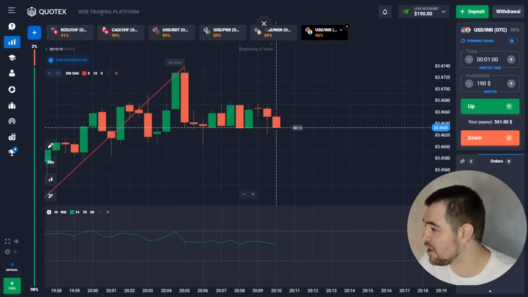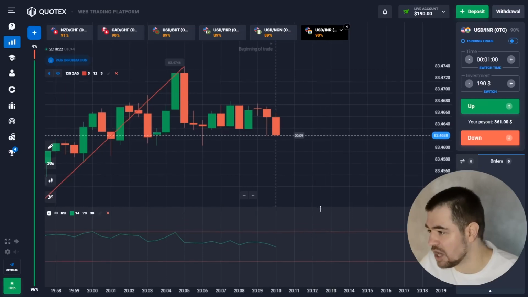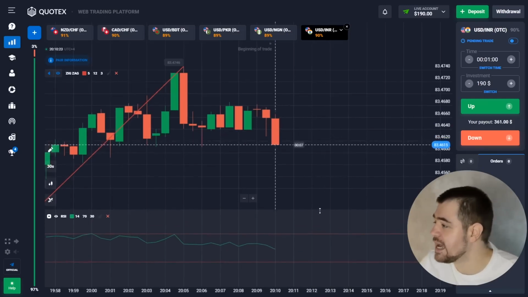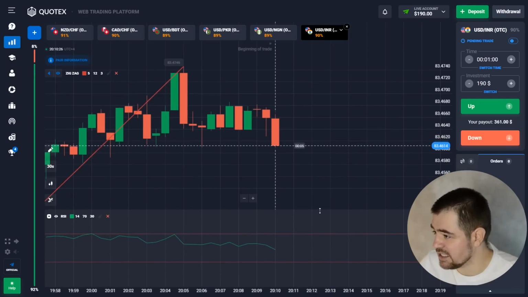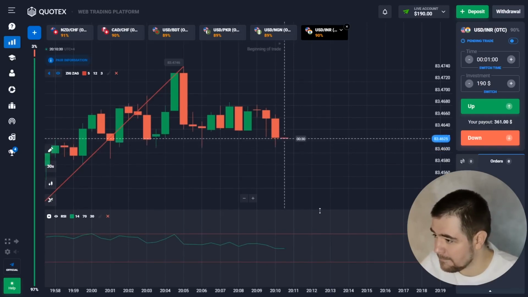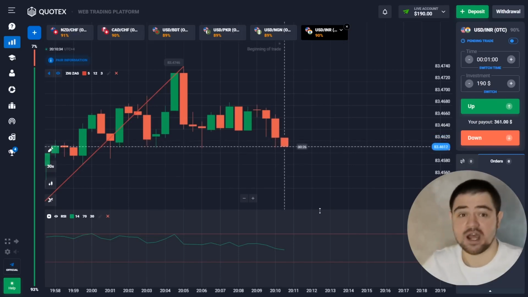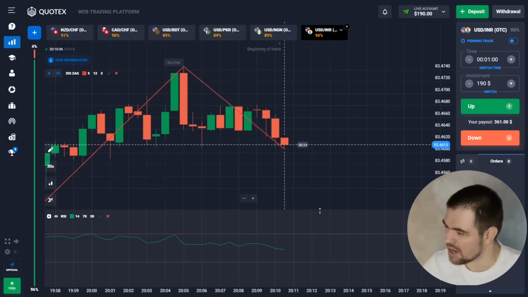Here we have our session of today starting with $190, and I'm going to see what the zigzag is about to let us know. I think there's a big gap. We have the zigzag and the RSI indicator, and there we are.